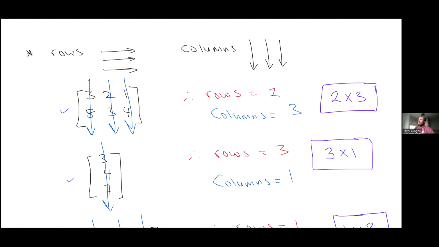Let me talk about some concepts now, the concepts I'm going to cover in the remaining part of this series. The first one is the types of matrices, and how we find them.